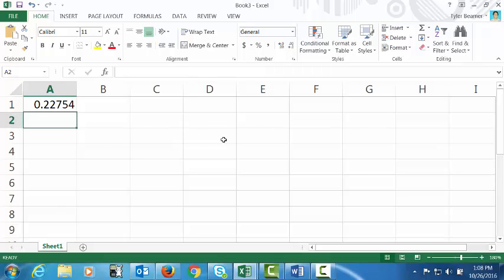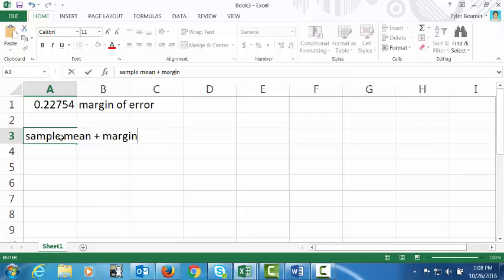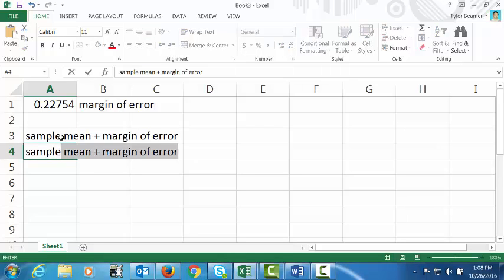Enter. And once again, that should give us the margin of error. So then to find the confidence interval, we are going to add the margin of error to the sample mean and subtract it from the sample mean.